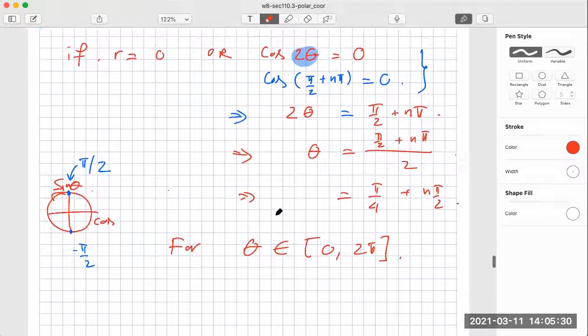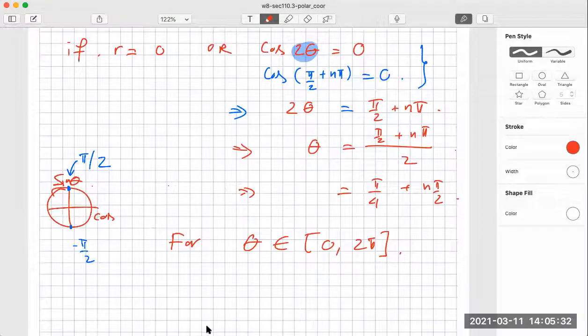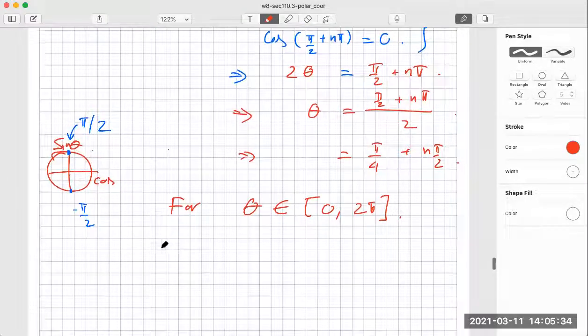Okay, let us pick. Theta will be pi over 4 when n is equal to 0. When n is equal to 1, it will be pi over 4 plus pi over 2, which is 3 pi over 4, right?